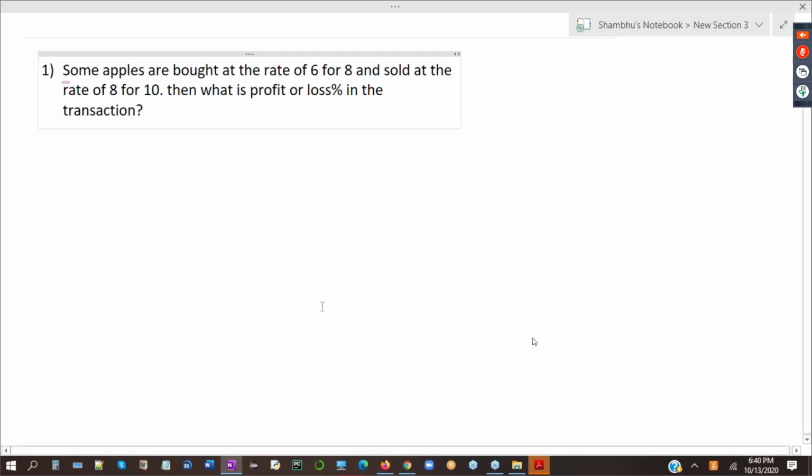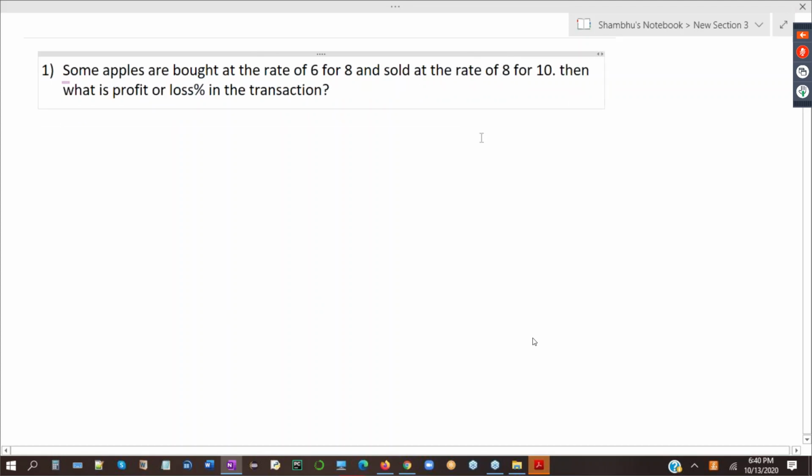The question is: 6 apples bought for 8 rupees, and when selling, 8 apples for 10 rupees. What is the profit or loss percent in the transaction?